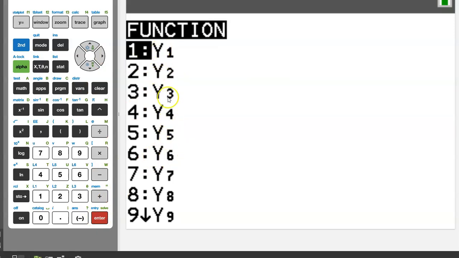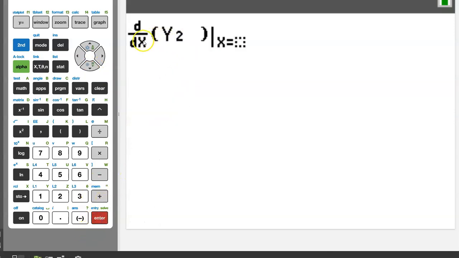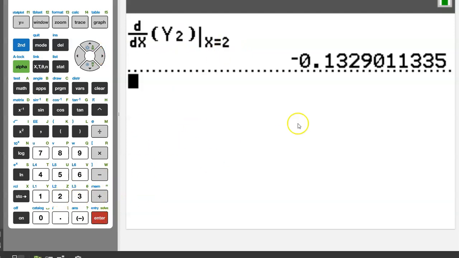And so here are the functions that we could type in. We typed the velocity into y2, so I'm going to choose that and hit enter. So this is the derivative of the velocity, and I want to evaluate this at x equals 2. So here it is. Kabam!